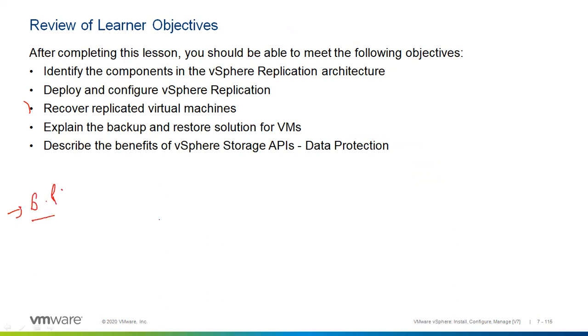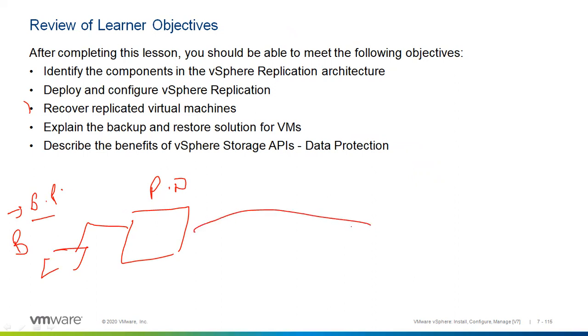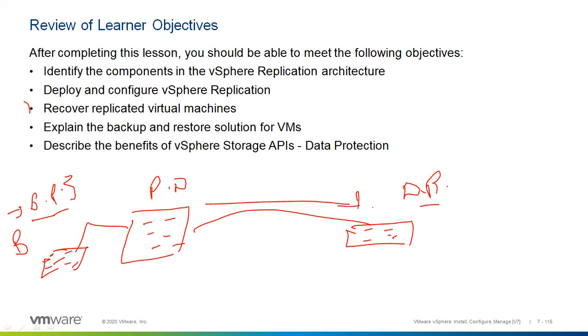As per best practice, people do this: for example, this is my primary data center. They perform backup, and they also make a DR site. When we say DR site, it just replicates all the VMs and their complicated applications to the secondary site. So customers are using a combination of both: back up the data and also make a DR site.